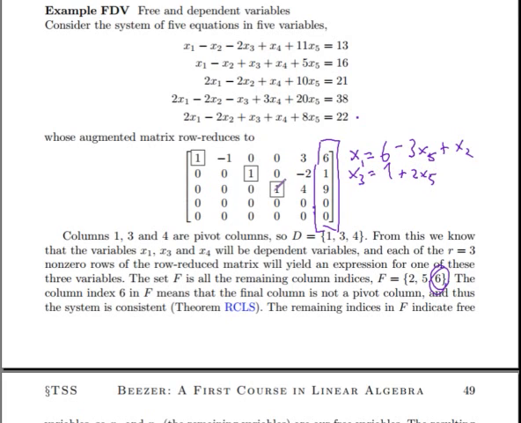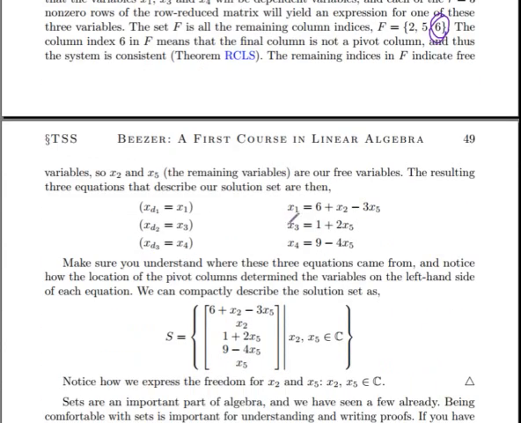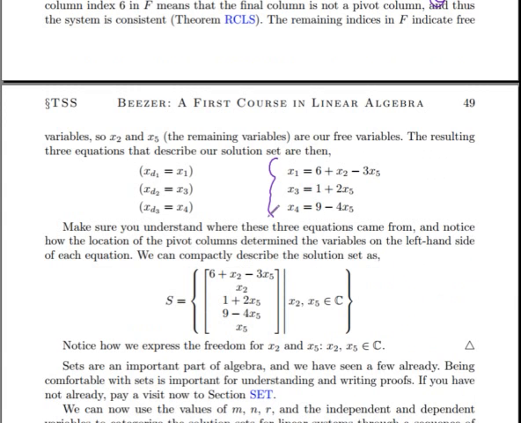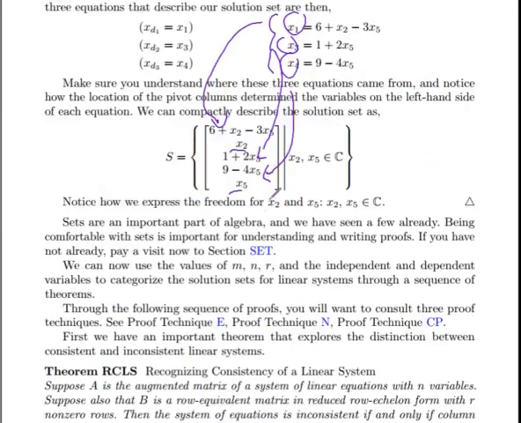And then here we're going to have x4 equals 9 minus 4x5. So these are the three equations I can pull off. From that, I can find expressions for the dependent variables x1, x3, and x4. And the independent variables x2 and x5 are left free.